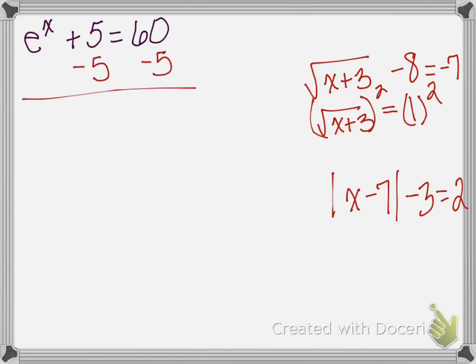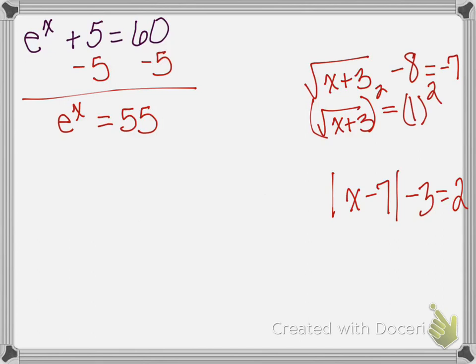So I'm going to subtract 5. And I'm left with e to the x power equals 55. Now, that e is showing up again. What log has a relationship with e? Natural log.